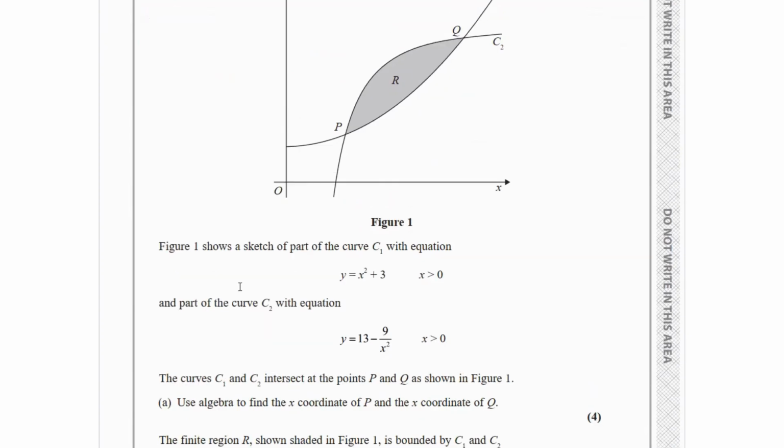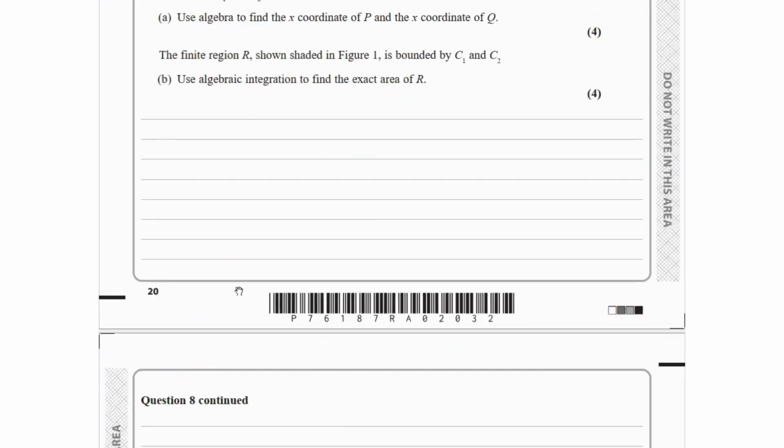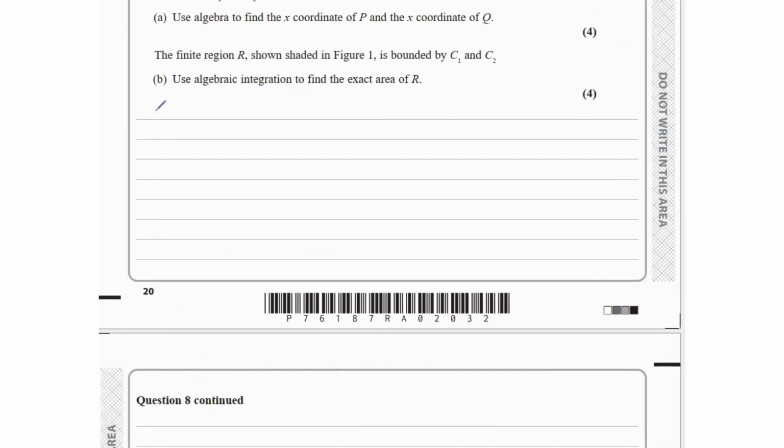We have to use algebra to find the x-coordinate of P and the x-coordinate of Q first. So as you can see, since they're both intersecting at P and Q, we put both the equations equal to each other, solve it for x, and find the x-coordinates for both P and Q. So let's start with that first. We have x squared plus 3 equal to 13 minus 9 over x squared.